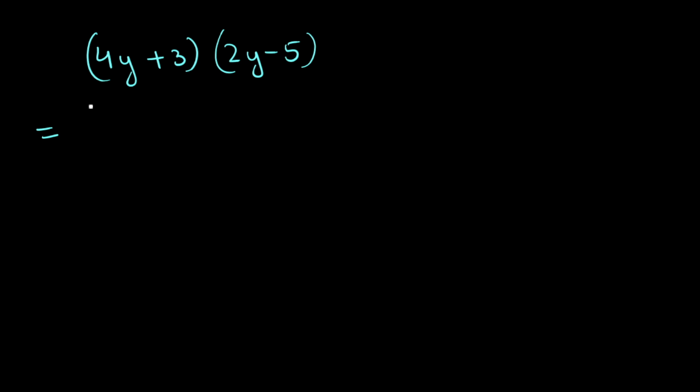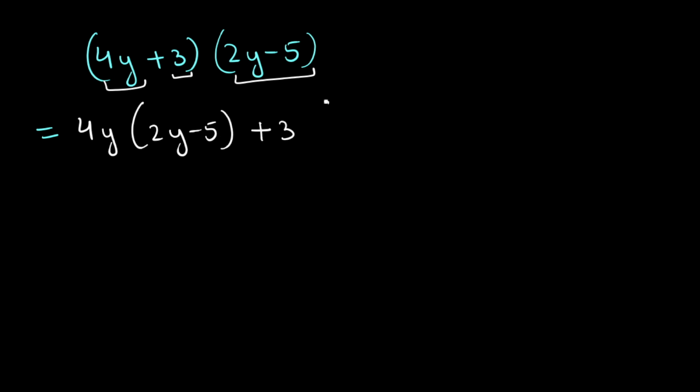Okay, so I hope you were able to get to this step at least, where we multiply 4y with the whole parenthesis terms over here, which is 2y negative 5, and then we'll do the same thing with 3, so plus 3 times 2y minus 5.